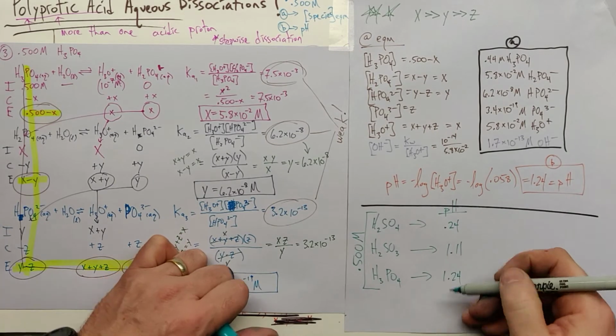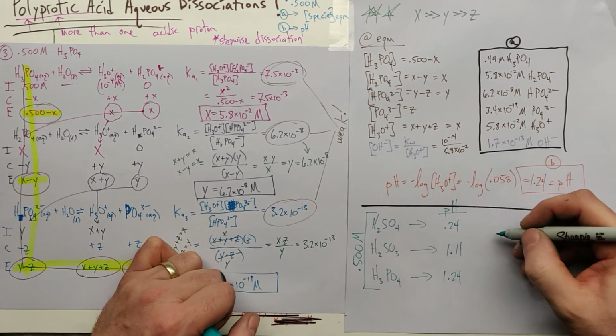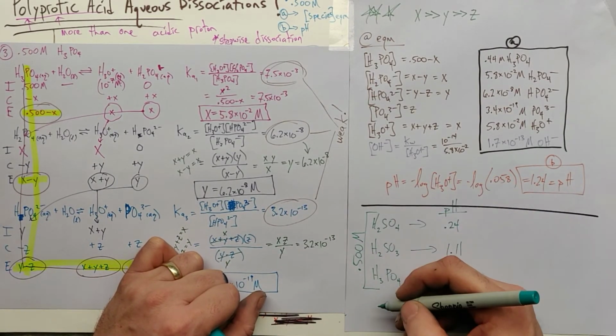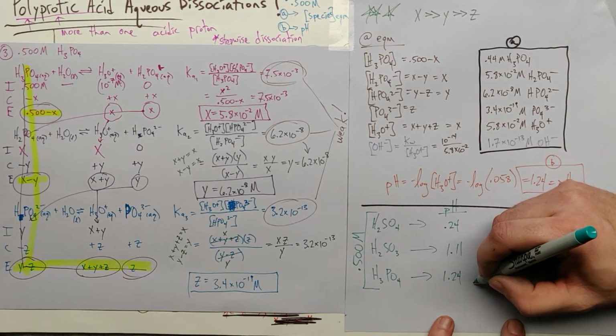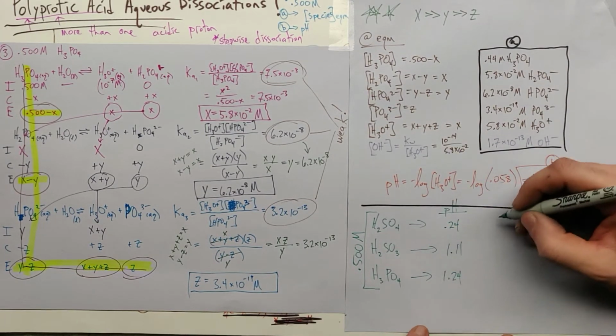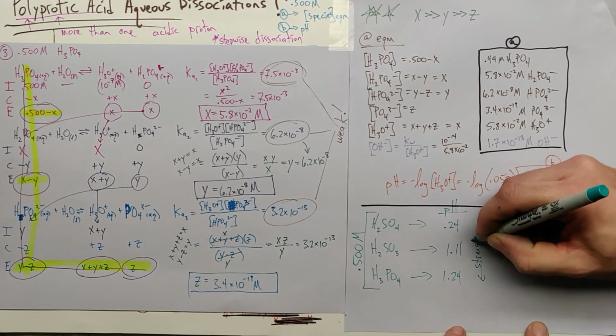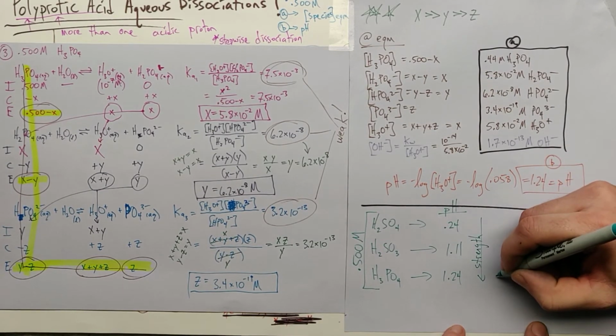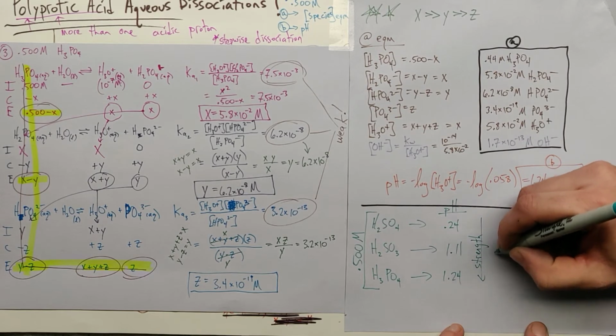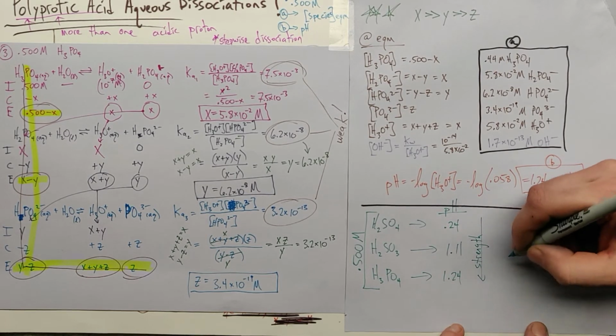And that's no surprise since you started with the same concentration. Since the strength of these acids is going down, the pH is going up, right? So our strength went down, which gives us a pH that is going up. So this becomes less acidic as you go down.